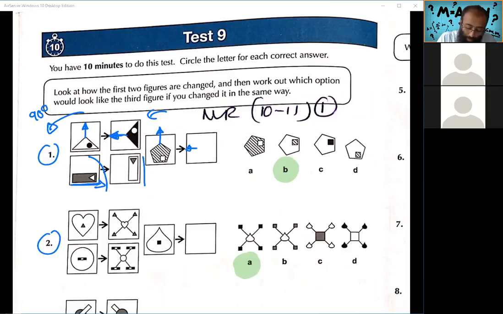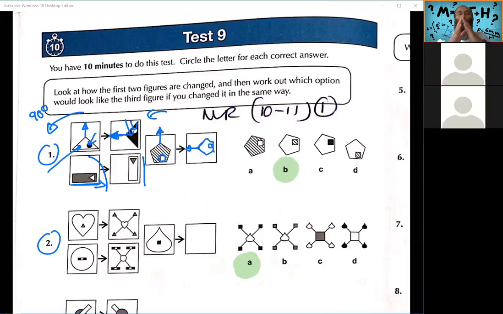So our little box will be at the bottom here on that side. And it goes like that, and then the pointy bit comes over here. So we need that kind of shape, first of all. Second rule, the white interior becomes black and the black dot becomes white. That's called inverting, so all the colors are inverted.